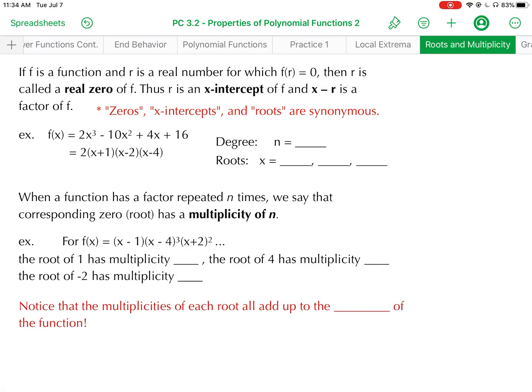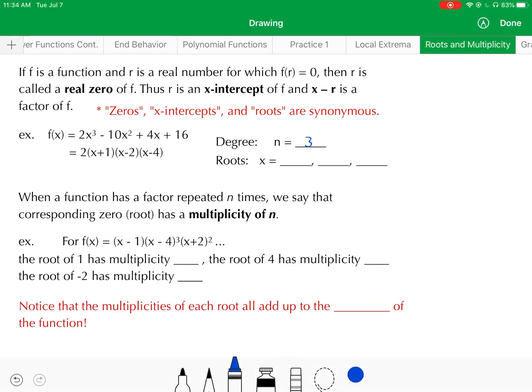So notice the function that's given here, f of x equals 2x cubed minus 10x squared plus 4x plus 16. So I've given it to you in its expanded form, and then below I've also given it to you in its factored form, okay? The expanded form is really good for identifying the degree of the function. The degree is 3, which is just, again, the highest power of the function.